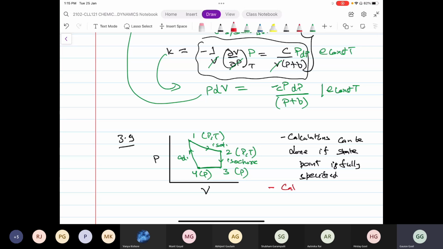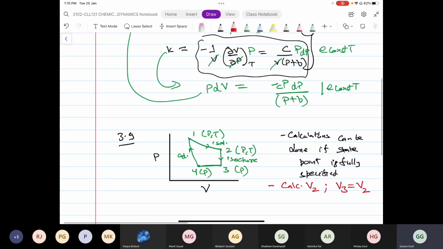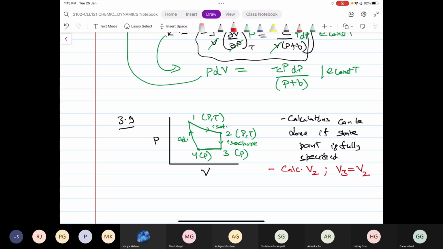So you can calculate V2 because at point 2, P and T are known. Then since 2 to 3 is an isochoric process, you can get the second state point variable at point 3. So do that. Then 4 to 1 is adiabatic, and you can see at point 4, temperature is not available.